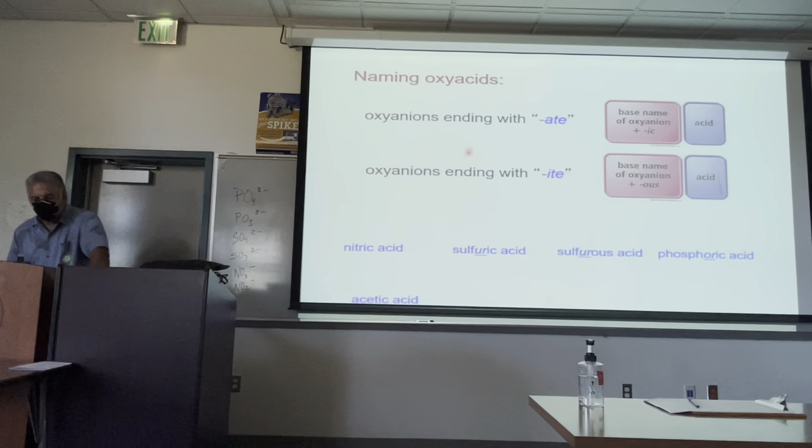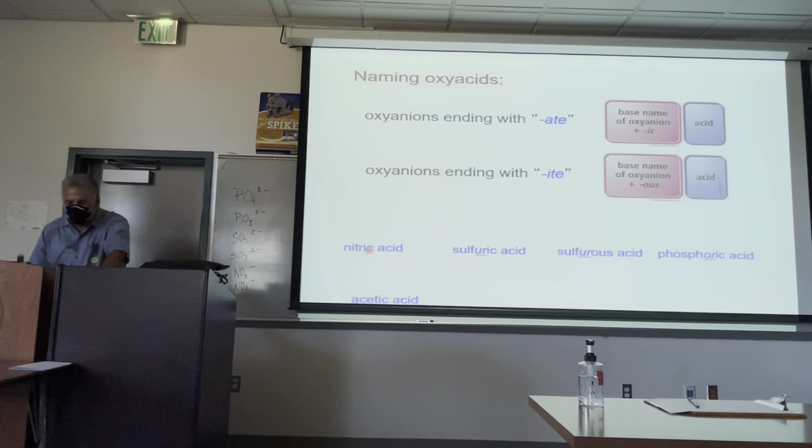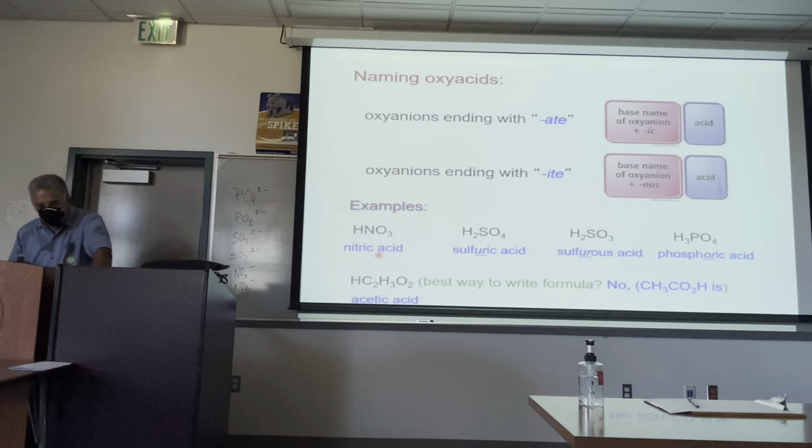Naming oxyacids, which is the other type. Oxyanions ending with ate: the base name of the oxyanion plus ic acid, and then ite, base name of the oxyanion plus ous acid. So nitric acid, HNO3, sulfuric acid, H2SO4, sulfurous, right, would be the ite, sulfite, so sulfurous, H2SO3, phosphoric would be H3PO4, because that's phosphate.